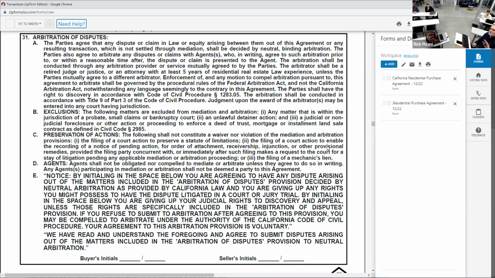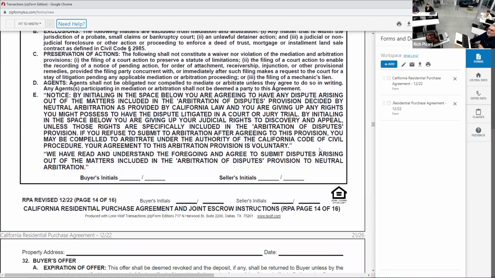So arbitration is binding if both parties initial it. You can say that most people do initial arbitration because it tends to be faster. A lawsuit can take several years to see the light of day.